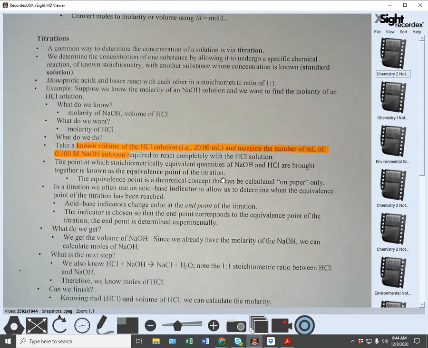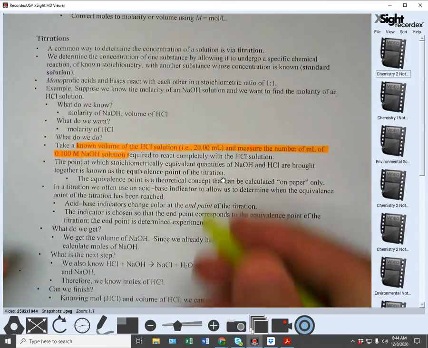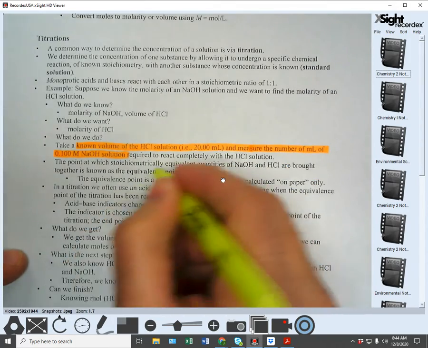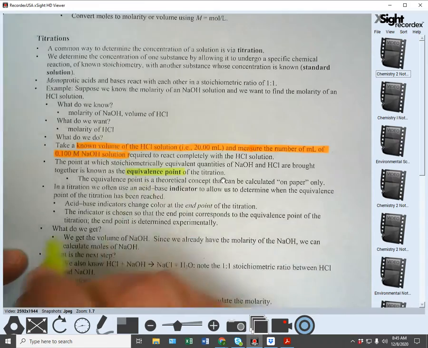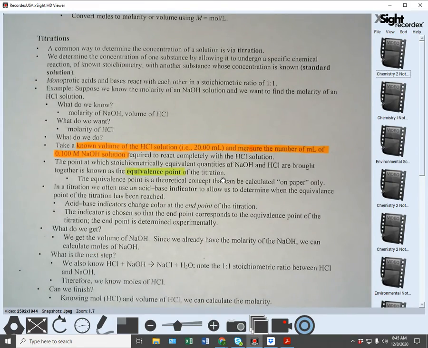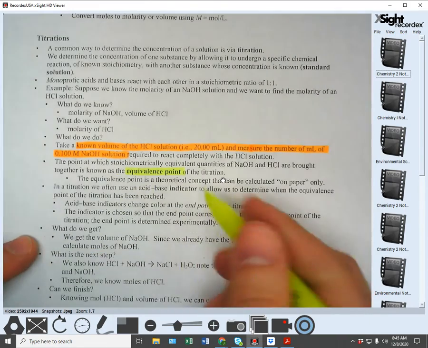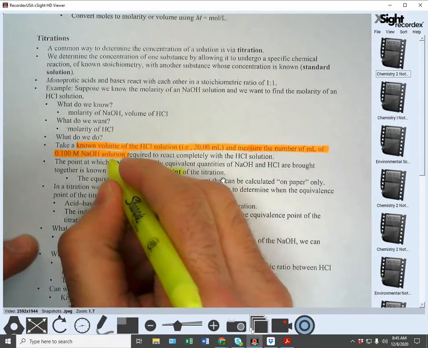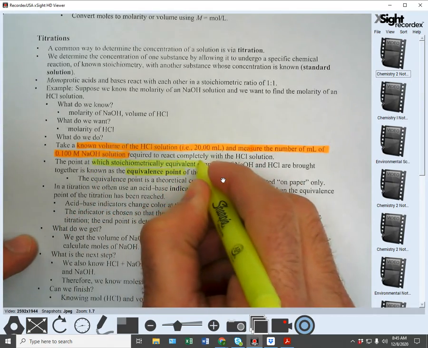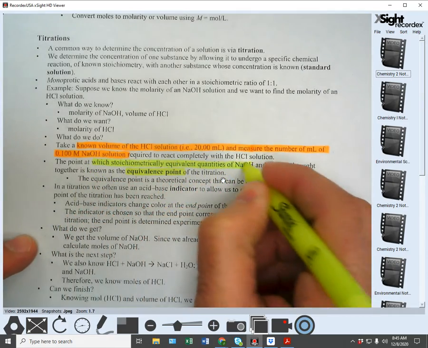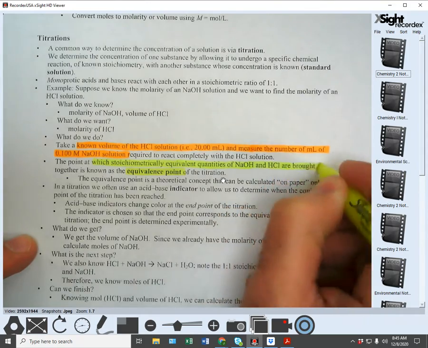Okay, equivalence point is when, like I said, stoichiometrically equivalent quantities of the acid and base are together.